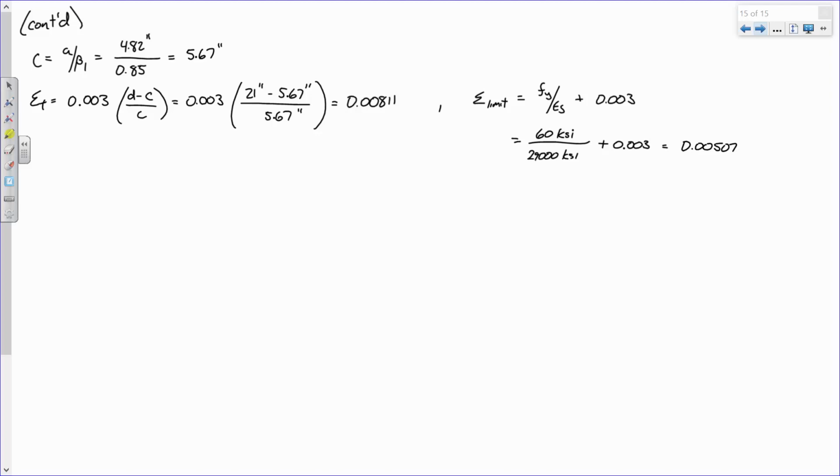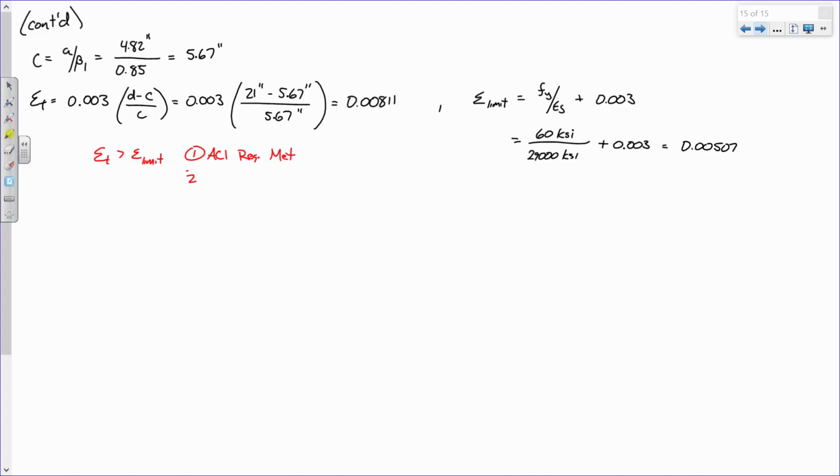Okay, so I look at my strain in the steel and I compare that against the limit. And I can see that the strain in the steel is higher than the limit. So that tells me two things. First off, it tells me that I met the spec. The spec requires that the strain be higher than the limit. That's good to go. So because the strain is greater than the limit, that means ACI requirements met.